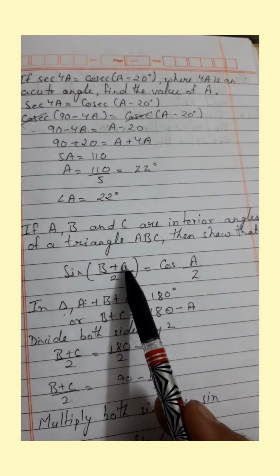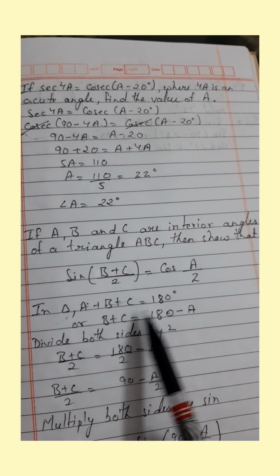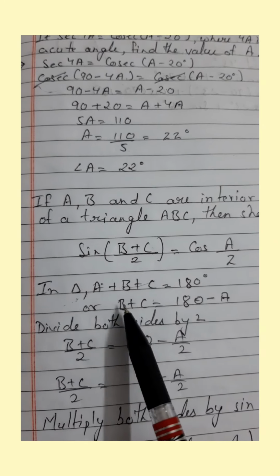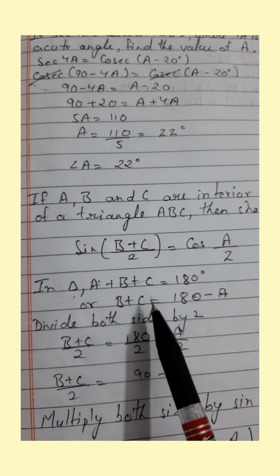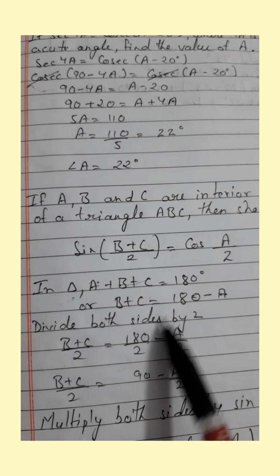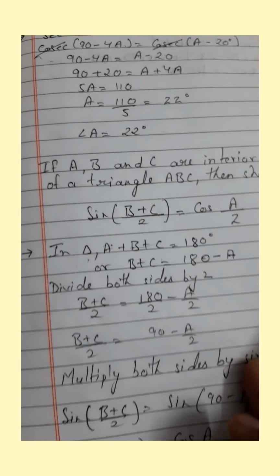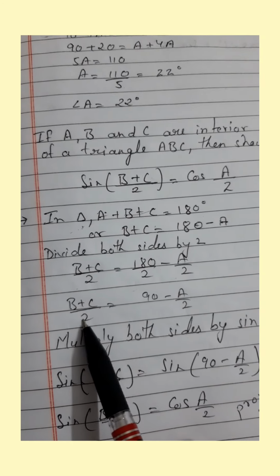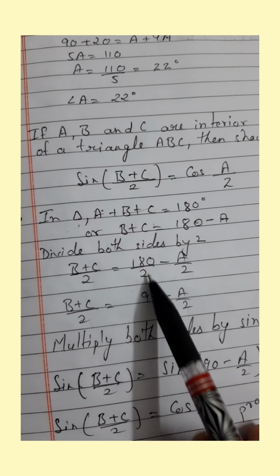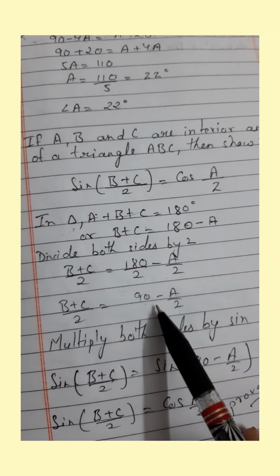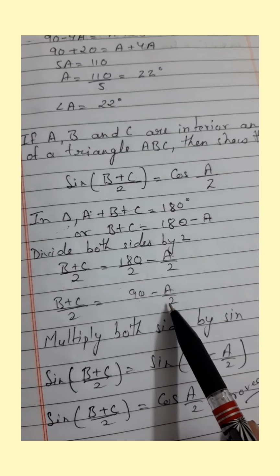Upon means divide. So we'll divide both the sides by 2. Then it will become (B plus C) whole upon 2 equals 180 upon 2 minus A upon 2, right? It will remain the same because we need this. 180 upon 2, when we cancel it, it will become 90 minus A upon 2, right?